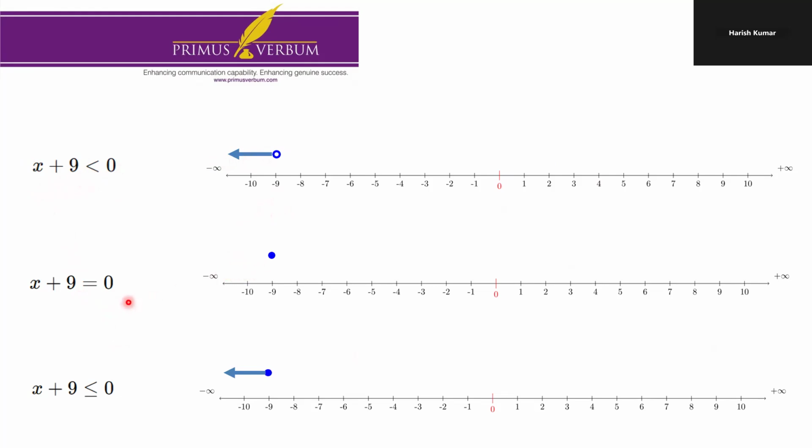And here for x plus 9 is equal to 0, minus 9 is the only solution. So I have a filled in or shaded circle right above minus 9. And for x plus 9 less than or equal to 0, the solutions for x range from minus 9 to minus infinity, including minus 9. I hope this is clear to you now.